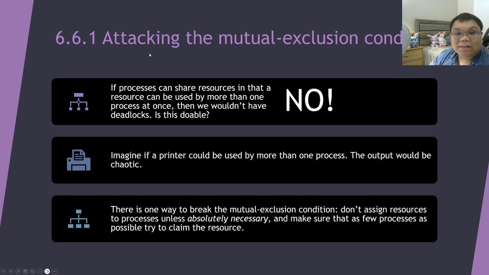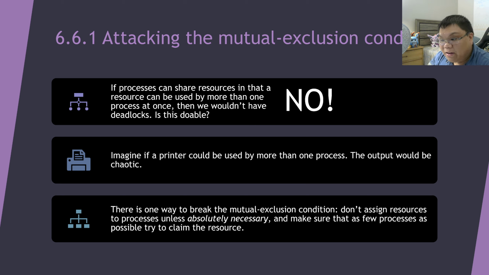We can try to attack the mutual exclusion condition, but there's a problem with that. We can't. If more than one process can use the printer, then the output would be chaotic. So, no, we cannot do anything about the mutual exclusion condition.